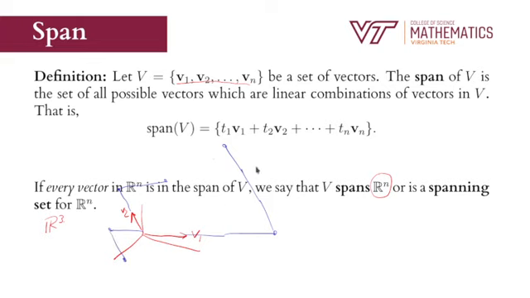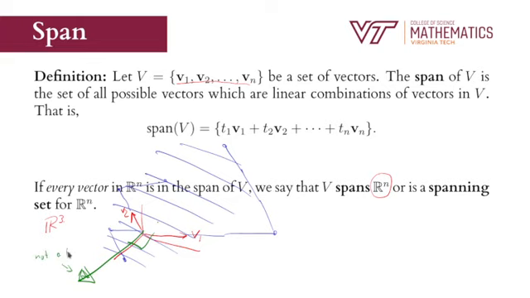But no matter what combination I build, I'm limited to only vectors that are in this plane that contains v1 and v2. I can only move in the v1 and v2 directions. And so if I wanted to look at a vector that was, say, perpendicular to that plane, this vector is not a linear combination of v1 and v2.